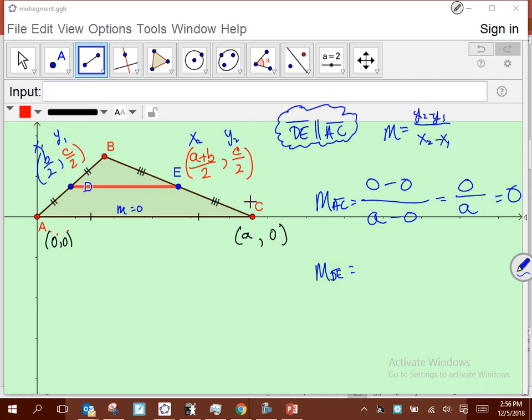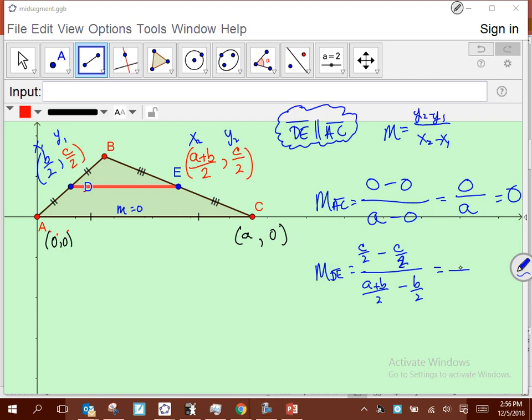All right, so let's take our y2, which is c over 2, minus our y1, which is c over 2. It's a nice thing right there. And then take my x2, a plus b over 2, minus my x1, which is b over 2. Now the algebra up top is pretty easy.